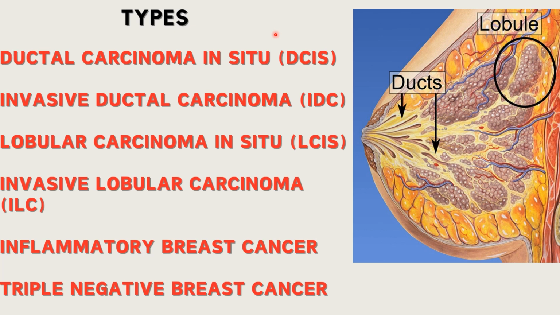Other types of breast cancer, we have inflammatory breast cancer and triple negative breast cancer. Now, triple negative breast cancer means that the tumor does not have estrogen, progesterone, or human epidermal growth factor 2 receptor on its surface, like HER2 receptor. That is the human epidermal growth factor receptor.